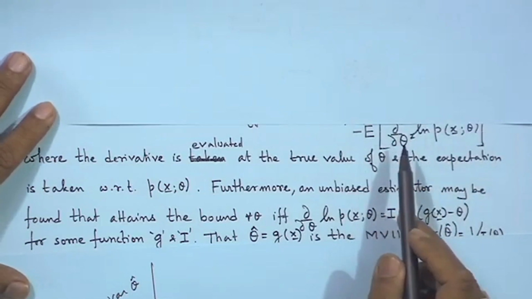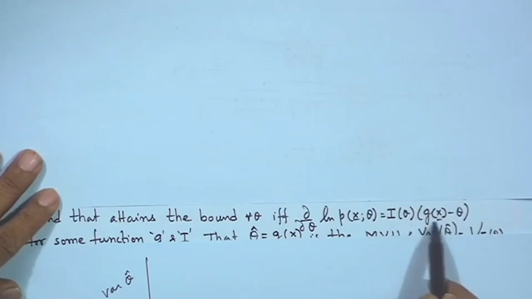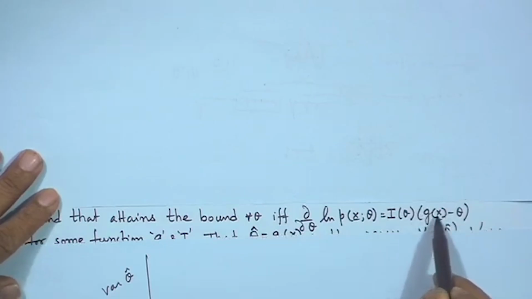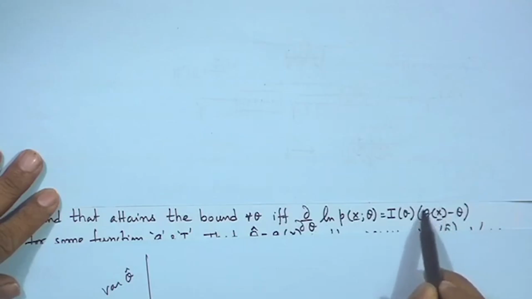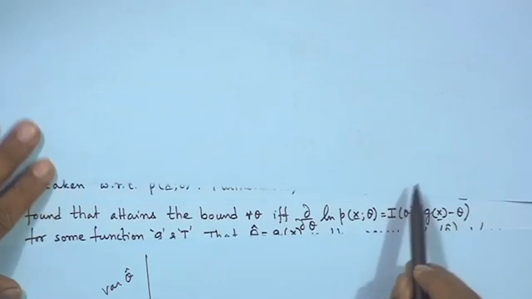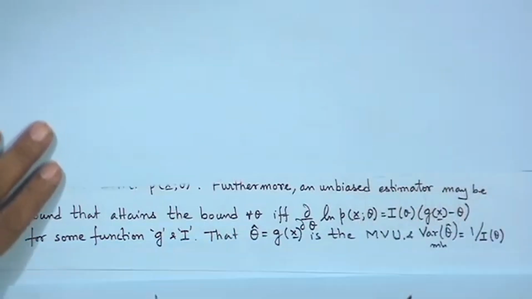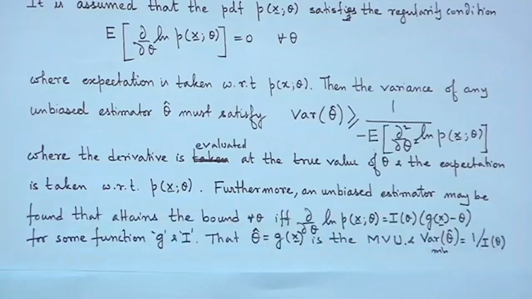That means if one can factor it in this form, one would always find the estimator given by this. It is very simple to understand that it is a function of observed data. This function produces theta cap, which estimates theta, and the variance is set equal to this, that means it achieves the lower bound.